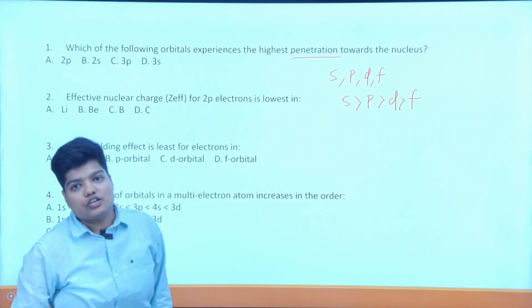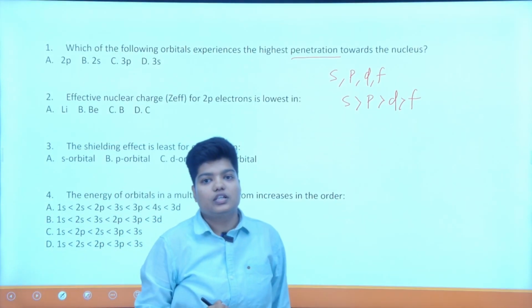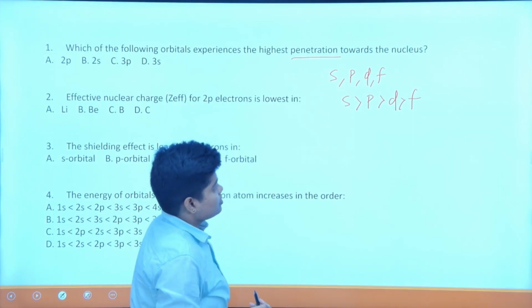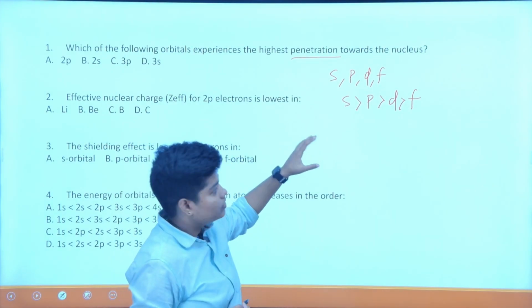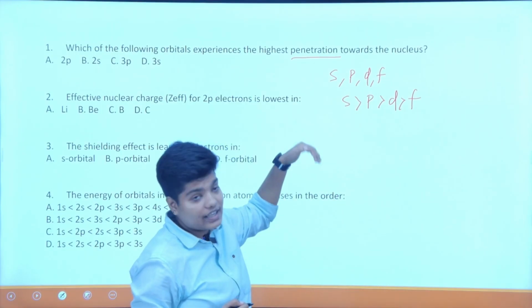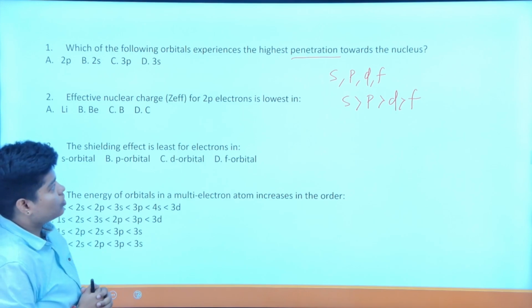Why? Because s is spherical in shape, p is dumbbell shaped, d is double dumbbell, and f is complicated or diffuse in shape. So the penetration power of s will be more than p, d, f. Why? Because it is circular in shape, so its penetration is higher than that of a diffuse shaped orbital.